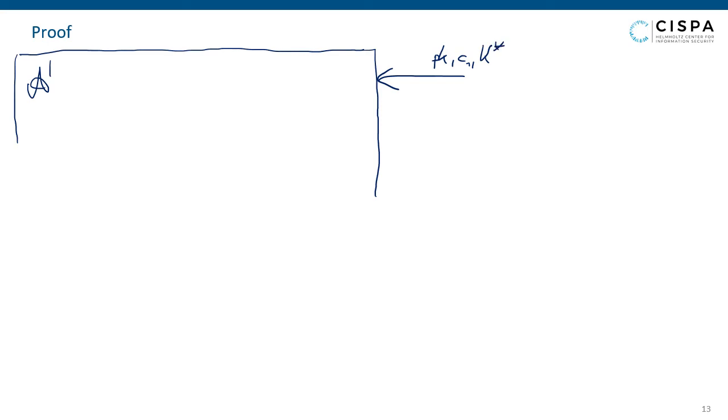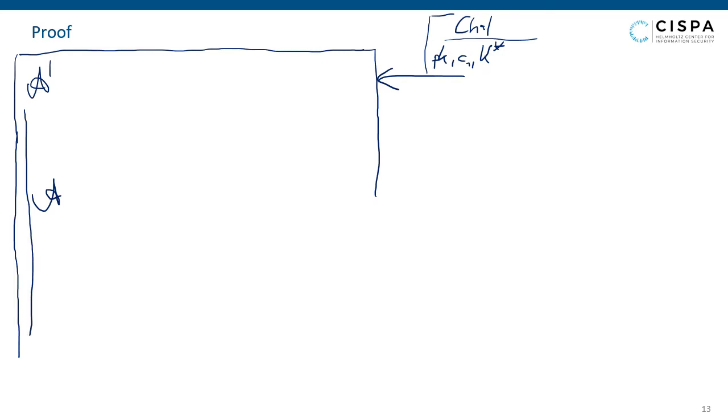This is what its challenger provides it as input. But what does A prime do? Well, now, of course, A prime simulates the experiment exp.